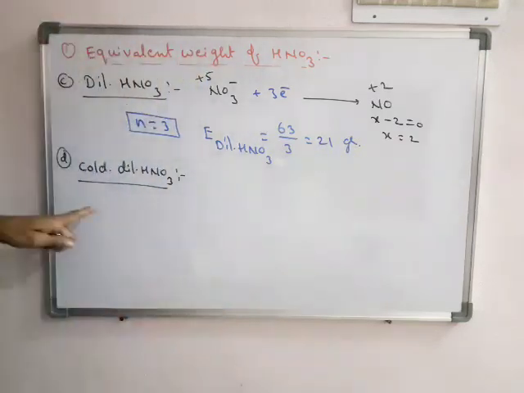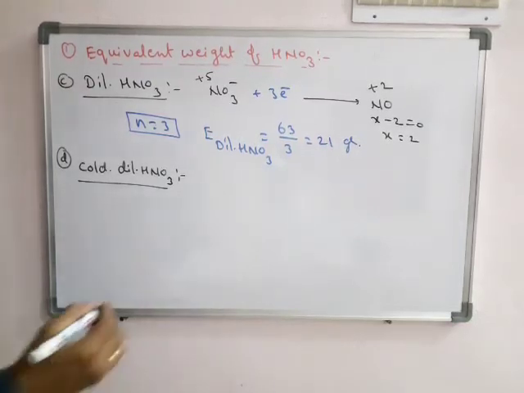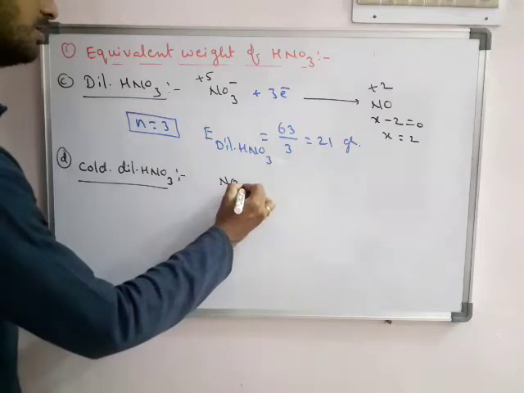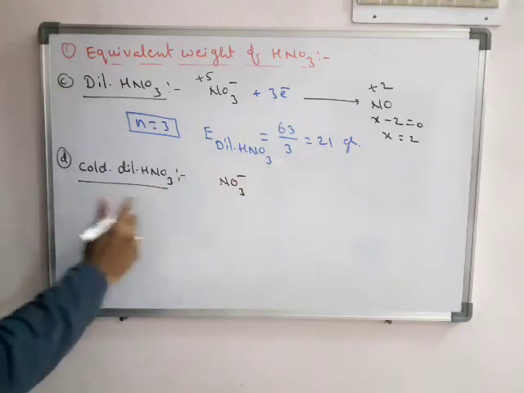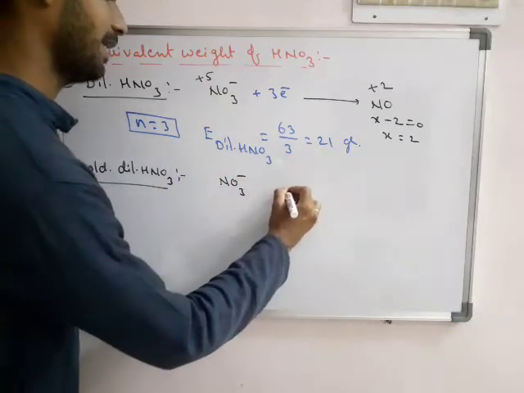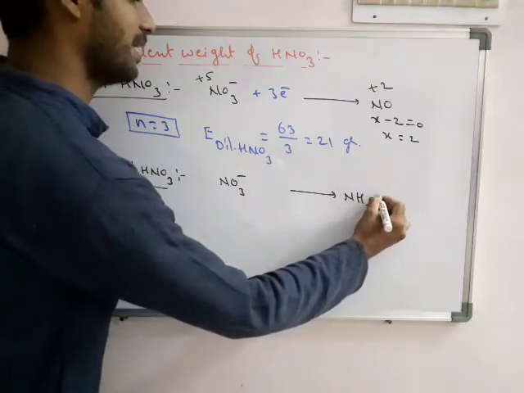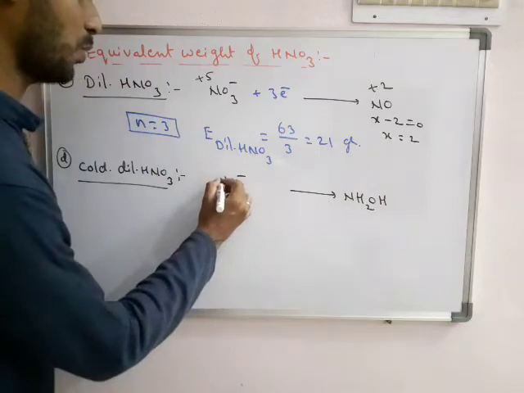Again, it is given cold and dilute HNO3. It is observed that if you use dilute HNO3 in cold conditions, NO3 minus changes to NH2OH.